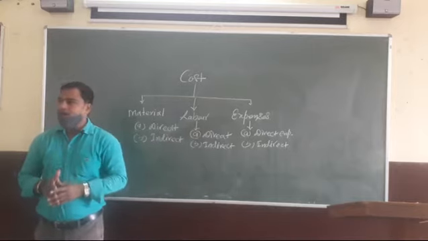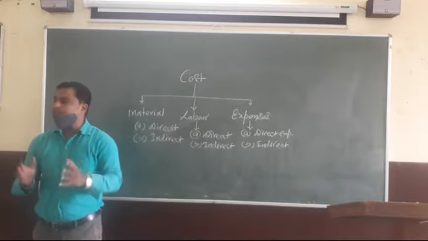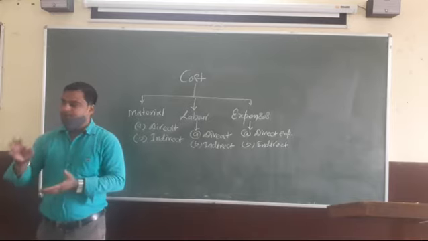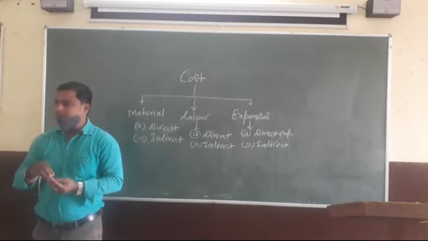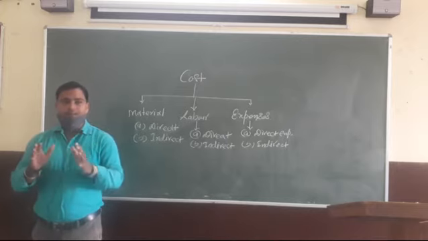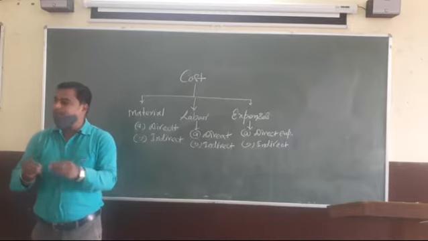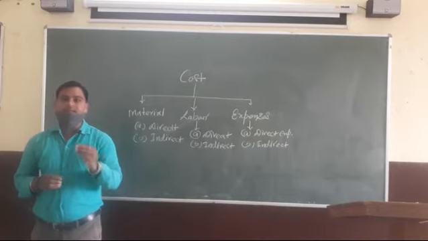Labor. There are two types of labor: direct labor and indirect labor. Direct labor are such labor which are directly involved in the production of a commodity, such as for making sugar. The foreman, the labor who are working in the factory and directly making the product sugar, that labor is known as direct labor.